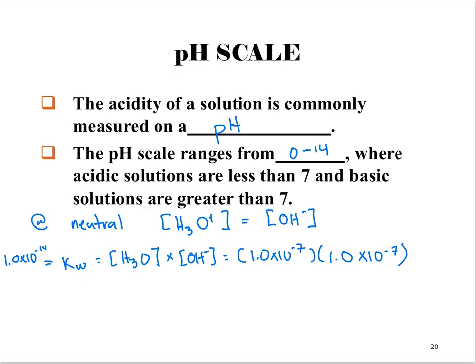So when those things are equal, we add those exponents together, and that's where we get the minus 14 from. So at neutral, the pH scale is defined by this number, and the maximum that this can reach is minus 14. That's how we define these scales, based off of the concentration of these two quantities.